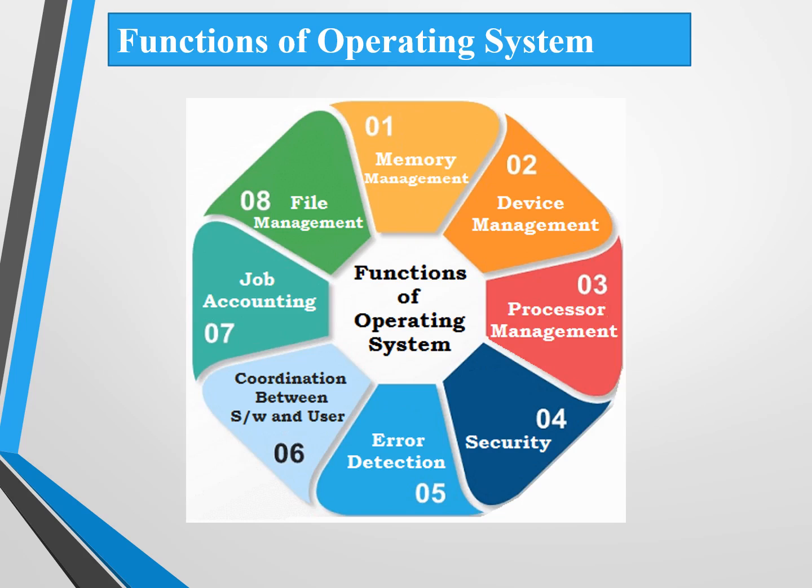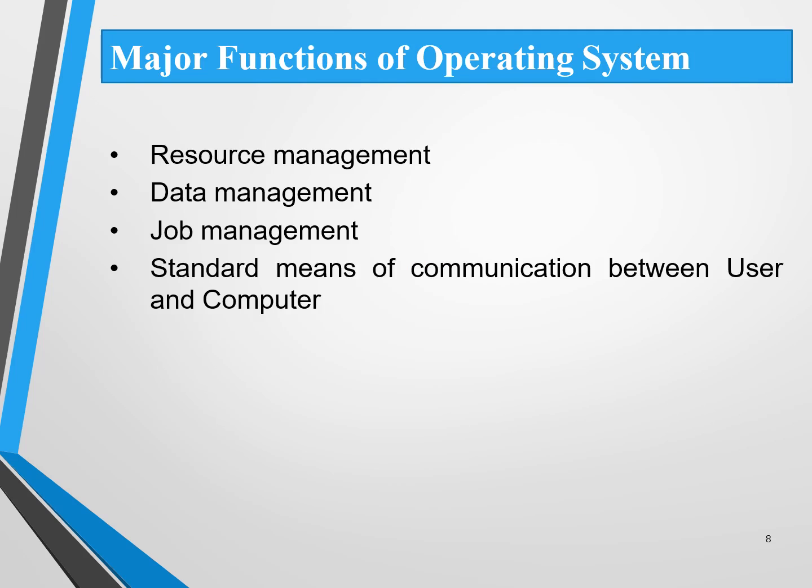Functions of operating systems are memory management, device management, process management, security, error detection, coordination between software and user, job accounting, file management. Here we will see some major functions of operating system. Resource management: the resource management function of an operating system allocates computer resources such as CPU time, main memory, secondary storage, and input and output devices for use.